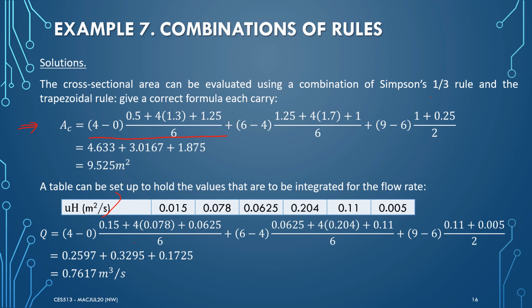And then the next 3 points from 4 to 6 also use the Simpson's one-third rule. And the last 2 points use the trapezoidal rule. By summing all the integrals, we will get the cross-sectional area equal to 9.525 meters squared.